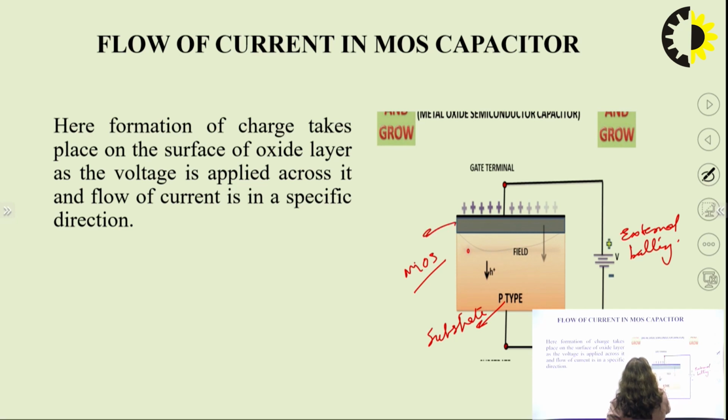This is your SiO2. The substrate is of P type, and the N plus region is formed here. The field direction is from positive to negative side. With the external battery connected, the electrons in the layer will be attracted towards the P type region, and there will be accumulation of electrons in the P type region. This will give you the flow of current in the MOS capacitor.